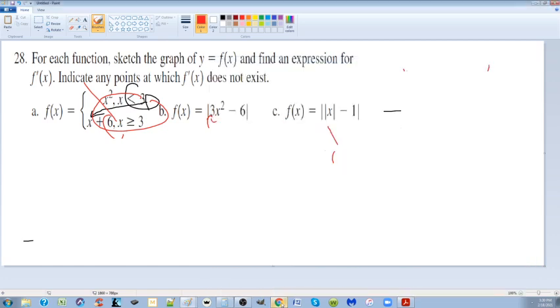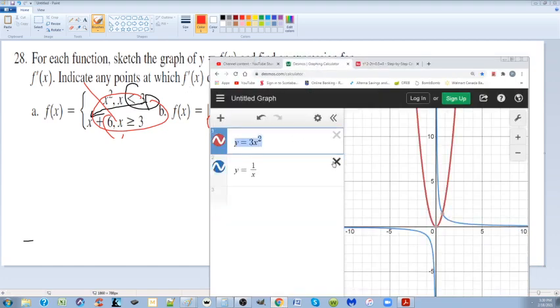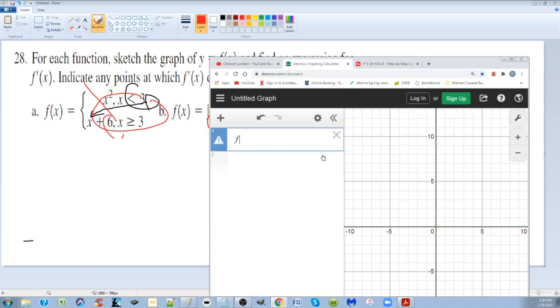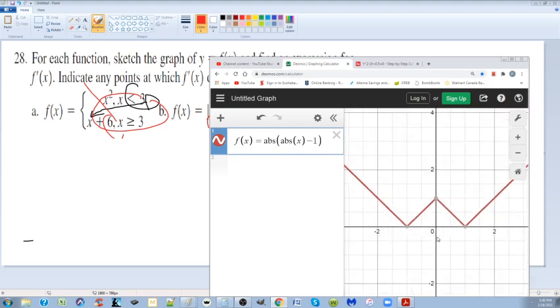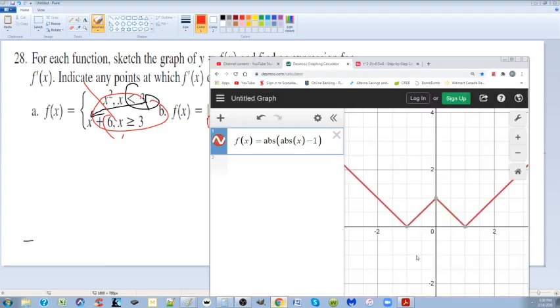So what is a derivative? Get rid of that. F of x is equal to the absolute value of, absolute value of x minus 1, close brackets. So there we go. You can see that normally this is an absolute value that's lowered by 1.